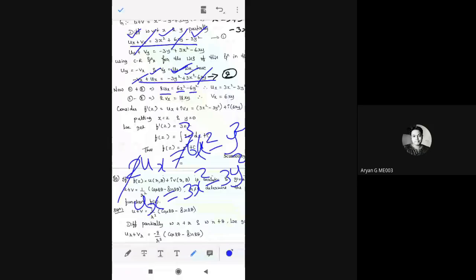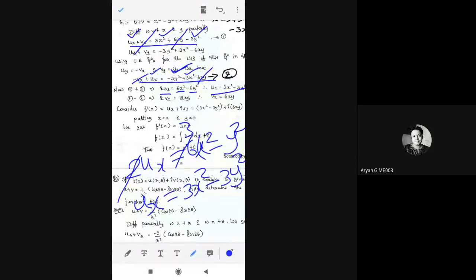So 2ux is equal to, what is common? 6 is common: 6 times x square minus y square. 2 ones are 2, 3 twos are 6. So ux is equal to 3x square minus 3y square. Correct. We need f'(z), so for that only we are doing this. So we got the ux value.